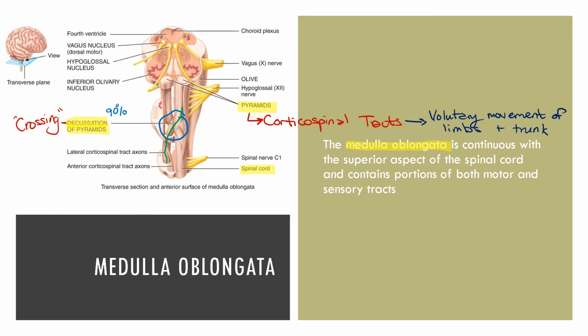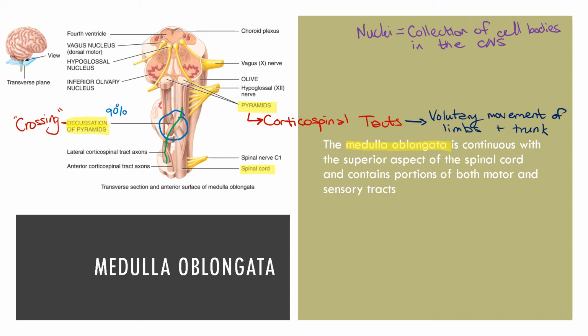Now, the medulla also contains several nuclei. Remember that a nucleus, or nuclei, is a collection of neuronal cell bodies within the central nervous system. This is a term we can't forget. So the medulla has several of these.